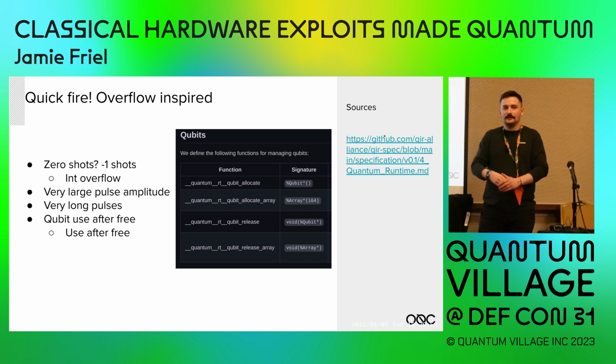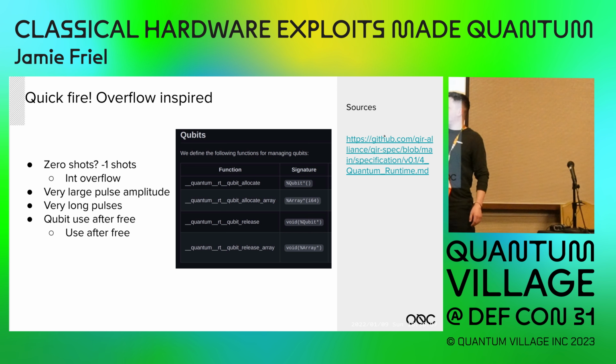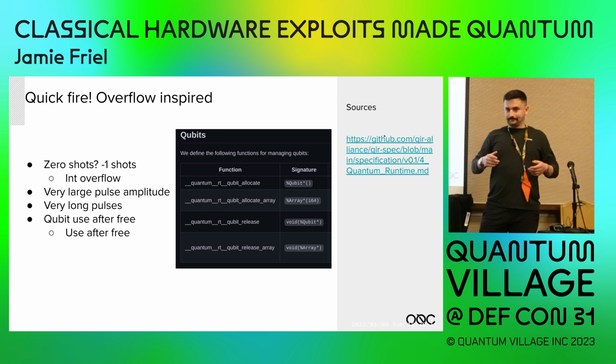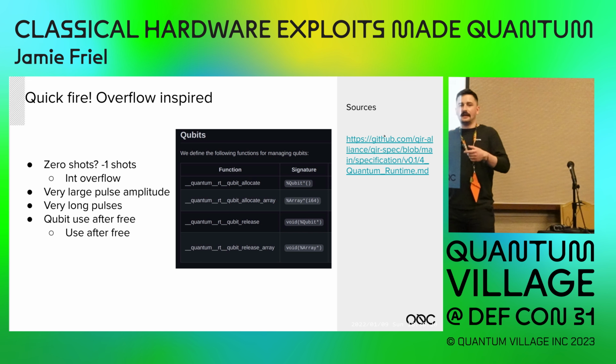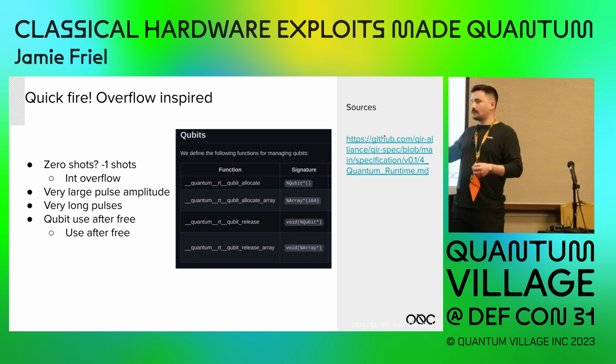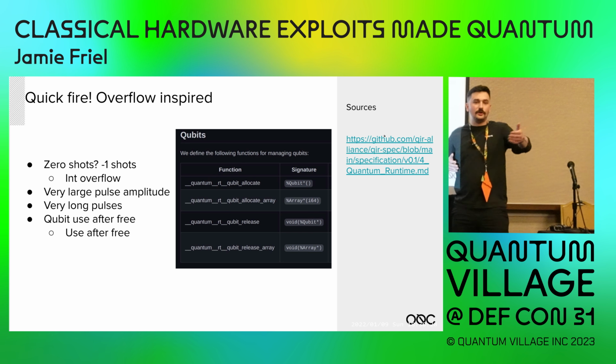And a slightly more subtle one: qubit used after free. This was a suggestion from the Quantum Village organizers. This is a different language spec, QIR, Quantum Intermediate Representation. For any Clang or LLVM users, this is an extension of LLVM intermediate representation that includes quantum elements, so that we can distribute our compute.